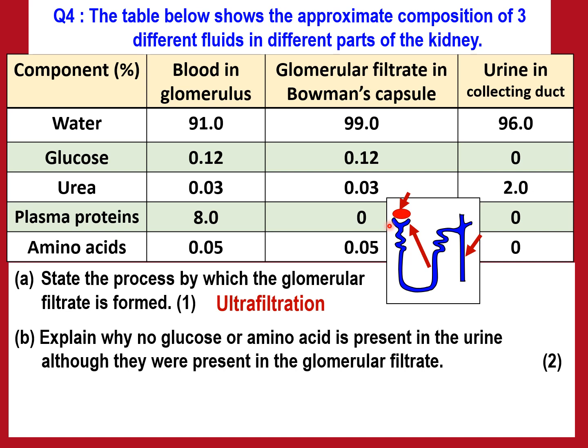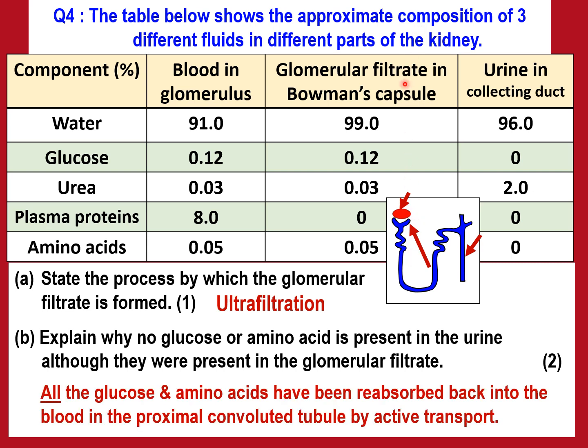Yes, it's reabsorption. Okay, so the glucose and amino acids were reabsorbed back into the blood from the glomerular filtrate in the proximal convoluted tubule. Let's read: all the glucose and amino acids have been reabsorbed. You can write by reabsorption.